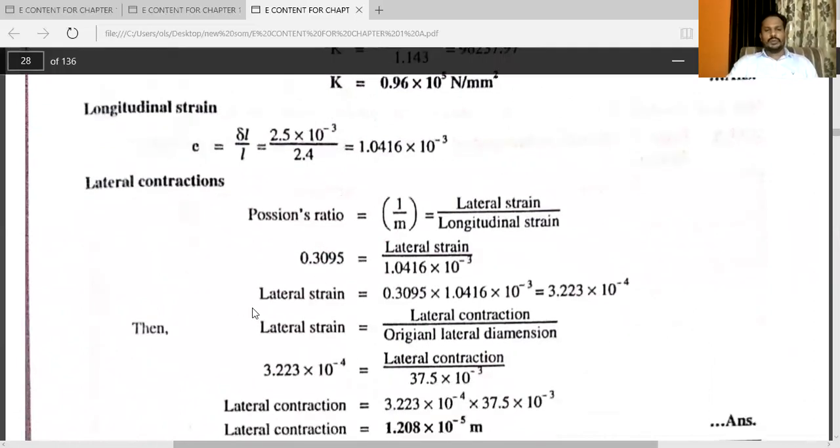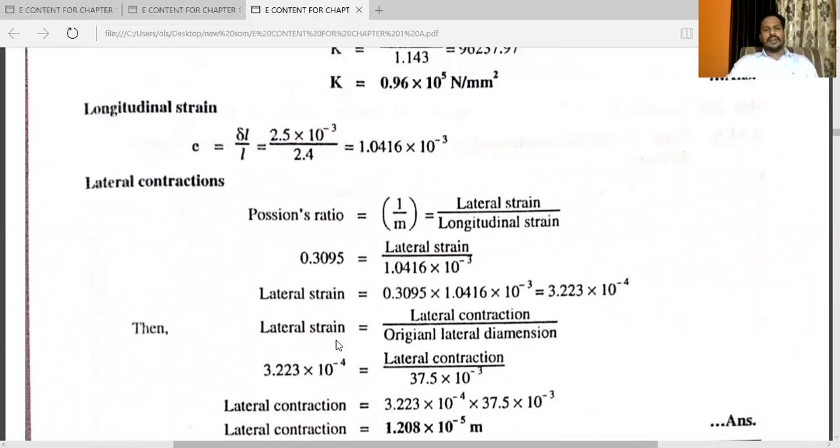Now we have the lateral strain. So once you get the value of lateral strain, you will get the value of lateral contraction. So here lateral strain is equal to lateral contraction upon original lateral dimension. So you can see here, we have the value of lateral strain, that is 3.223 into 10 raised to minus 4.